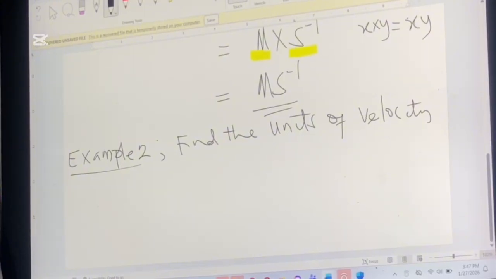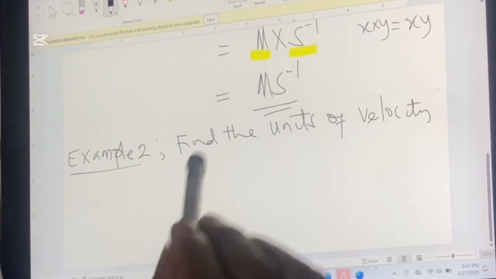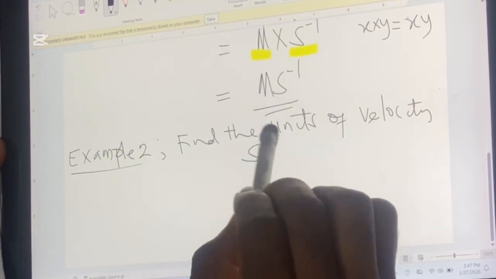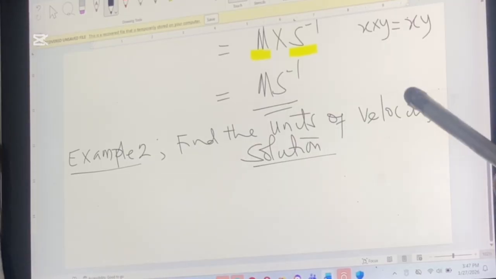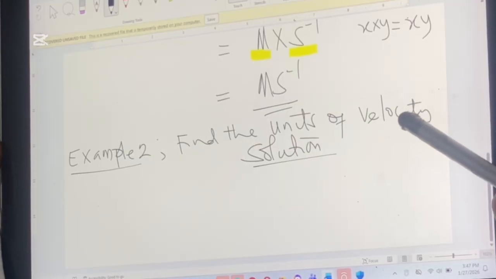So let's first of all take the steps one by one, okay? So the first thing, solution first. Class, we are asked to find the unit of velocity.